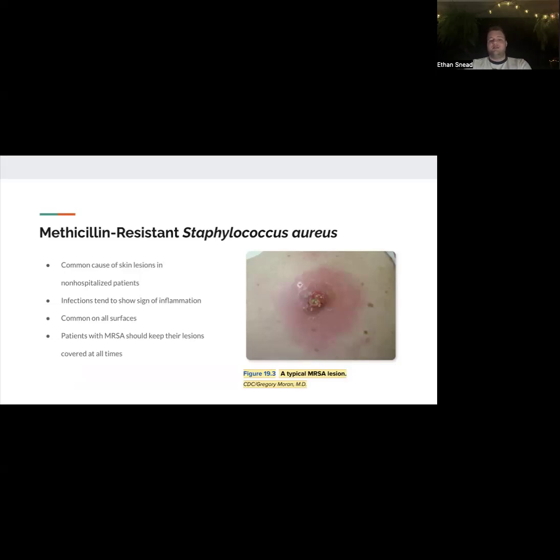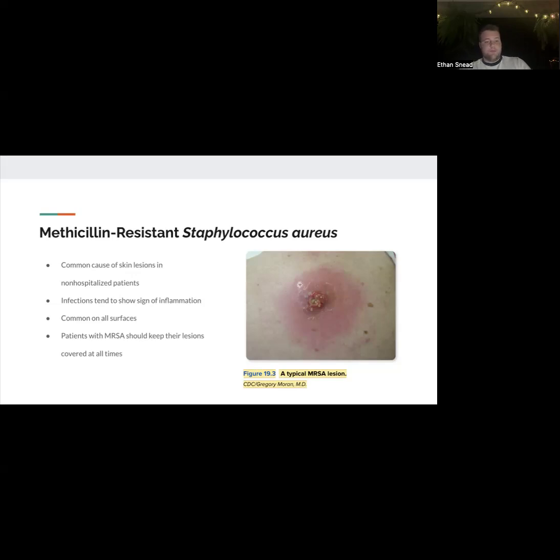So this would be redness to the skin, raised above the normal skin, tender, localized lesions, and it often features pus and is hot to the touch. It is common on all surfaces that we touch daily, such as gym equipment, airplane tables, electronic devices, our razors, and things such as that.